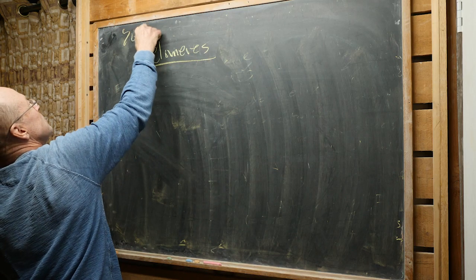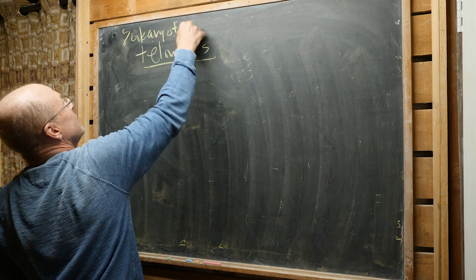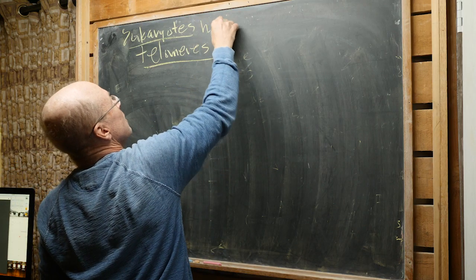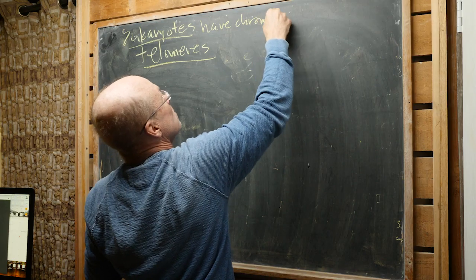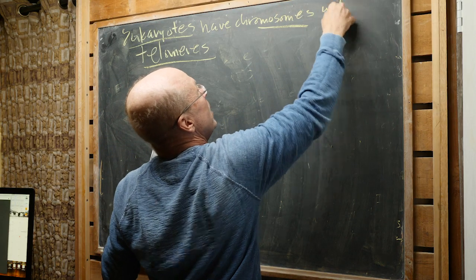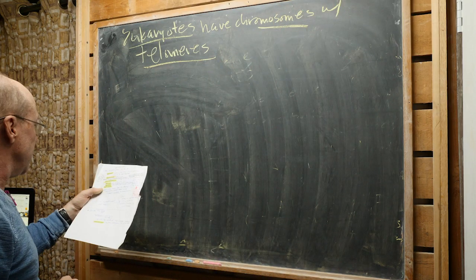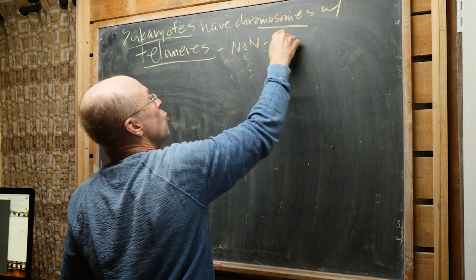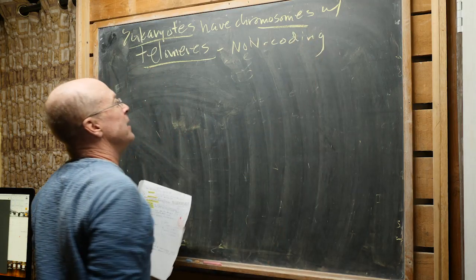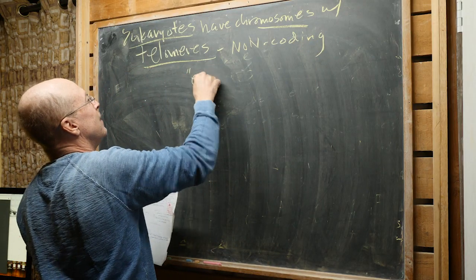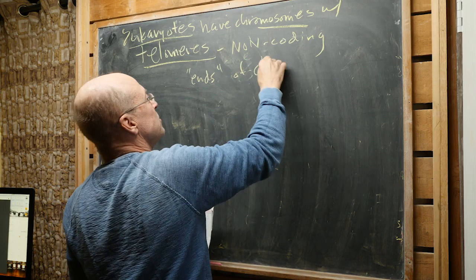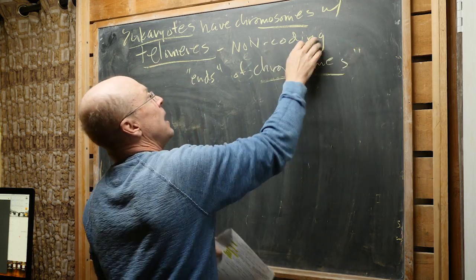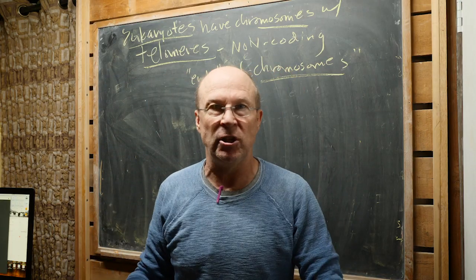So eukaryotes feature chromosomes with what we call telomeres, and telomeres are non-coding kinds of ends of chromosomes. Now, when I say non-coding, I'm saying that we don't have native genes that live there.